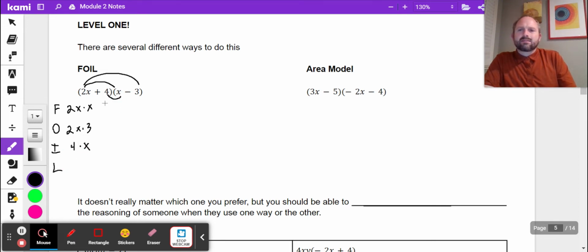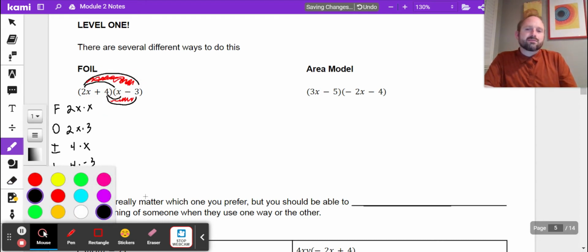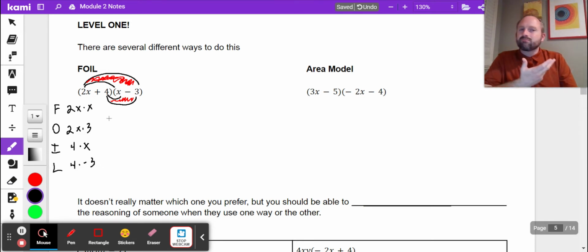And then the lasts, 4 times 3, negative 3. And this kind of looks like a claw, like a lobster claw. So I call it the claw. But just remember, it might not be the best for you.